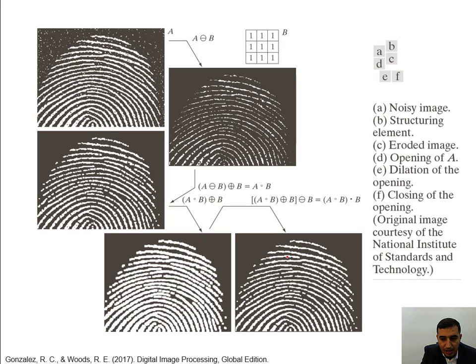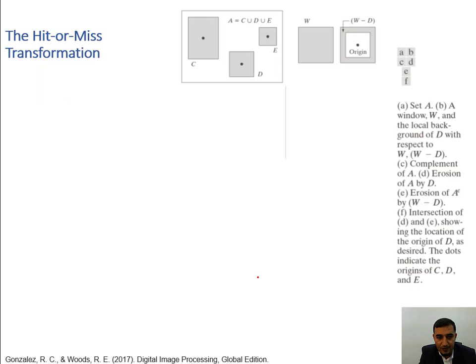We get the result as you can see. So, noisy image, then the structural element, then the eroded image, which is image C, then image D, which is the dilation of the opening, then image F, which is the closing of the image, and at the end this is the image that we are going to find.